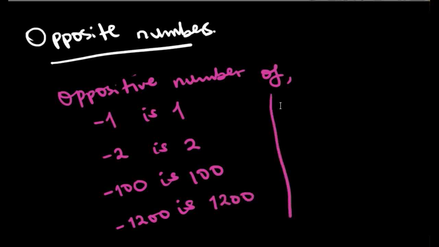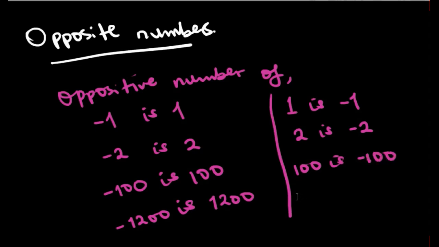Similarly, the opposite of 1 is -1. The opposite of 2 is -2. The opposite of 100 is -100. And the opposite of 1200 is -1200, and so on.